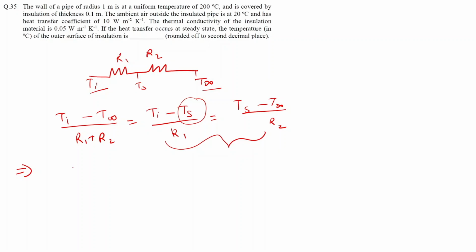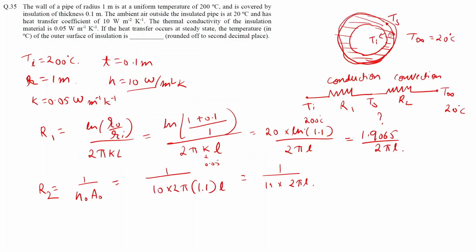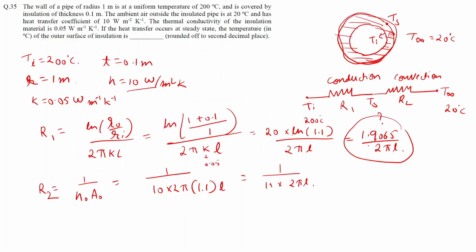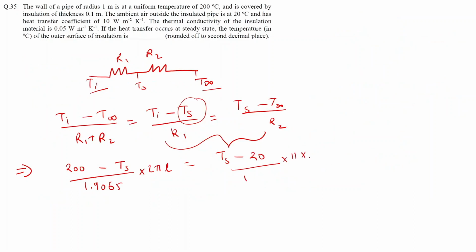So Ti, the inside temperature, we were given as 200 degrees Celsius, minus Ts, which we have to find, upon R1, which is this term, 1.9065 upon 2 pi L. Similarly, this is Ts minus T infinity; the ambient air temperature was 20 degrees Celsius, and R2 is 1 upon 11 into 2 pi L. So 2 pi L will get cancelled out.